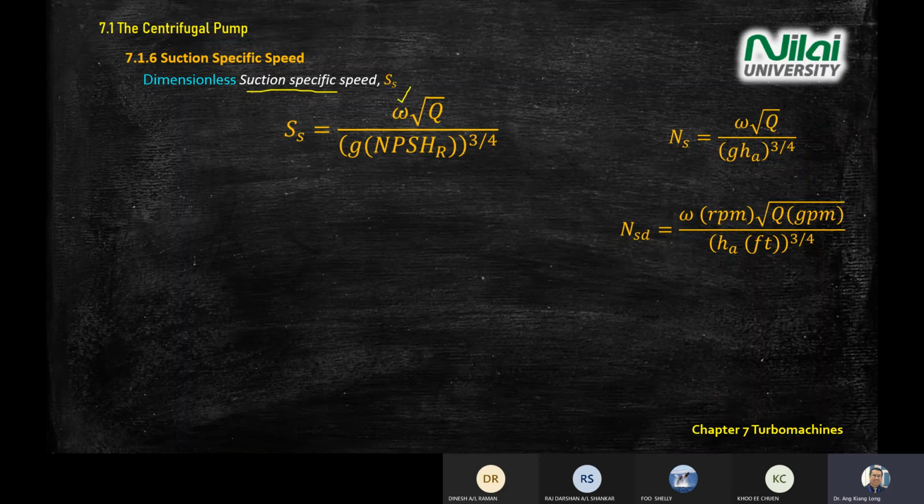You use omega, rotational speed, Q, volume flow rate, g, gravitational acceleration, and NPSH, which we already covered in the previous lecture. So go ahead and listen back to the previous lecture, where I explained about NPSH R. You read this value and you can find the suction specific speed. NPSH R is the required net positive suction head.